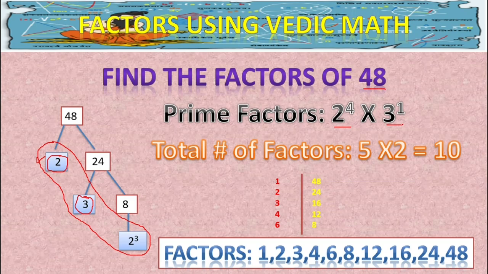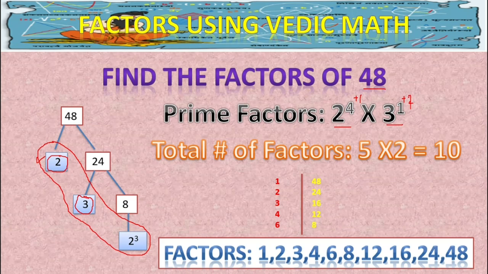Now there is an interesting question with the same concept: what is the total number of factors that exist for this number 48? The answer is, add 1 to this 4 and add 1 to this 1. Thereby 4 plus 1 is 5, 1 plus 1 is 2.